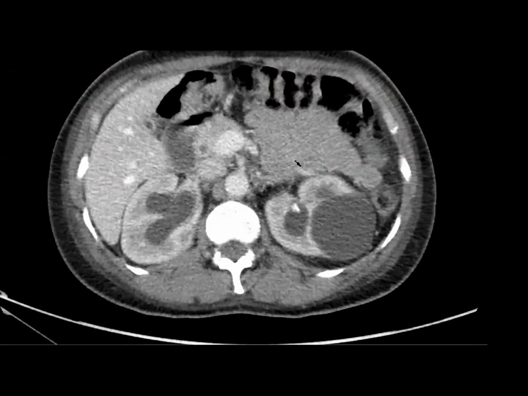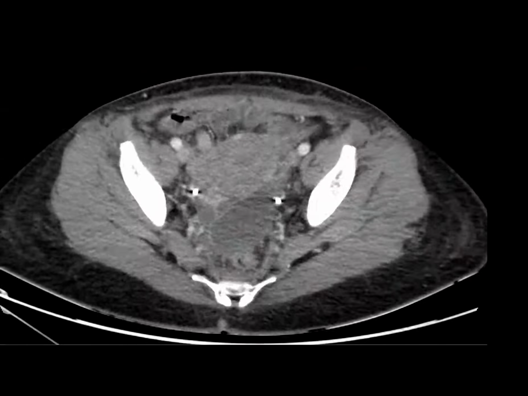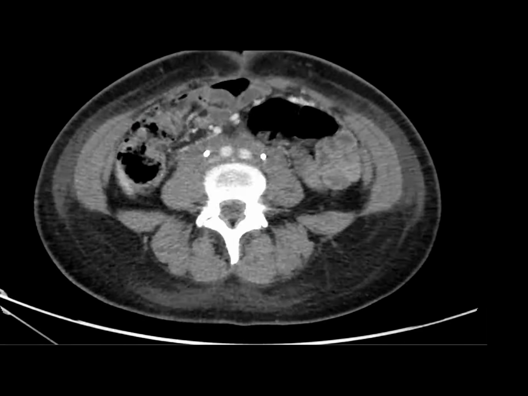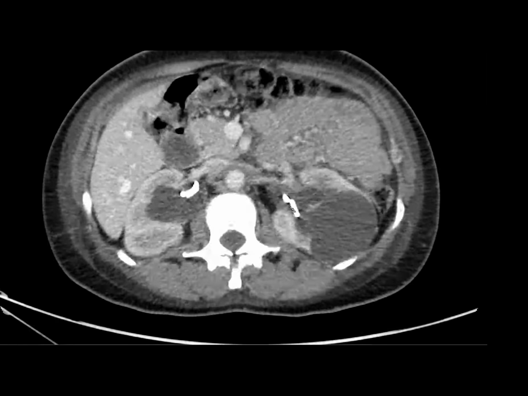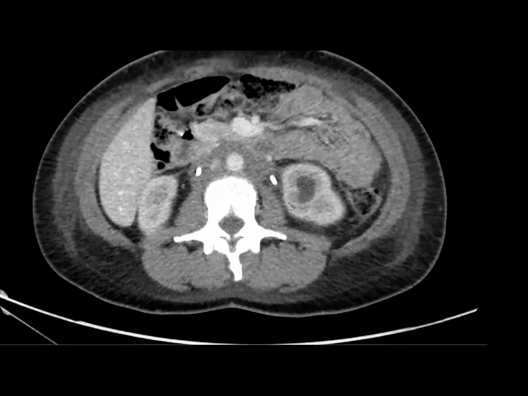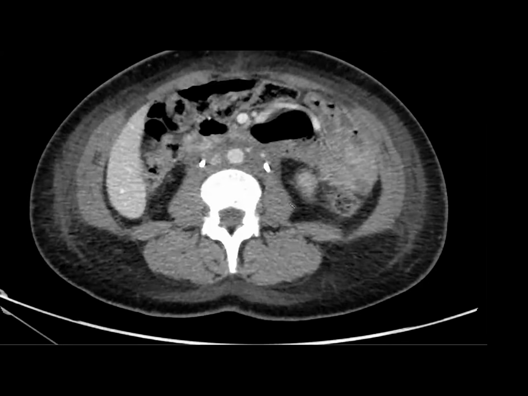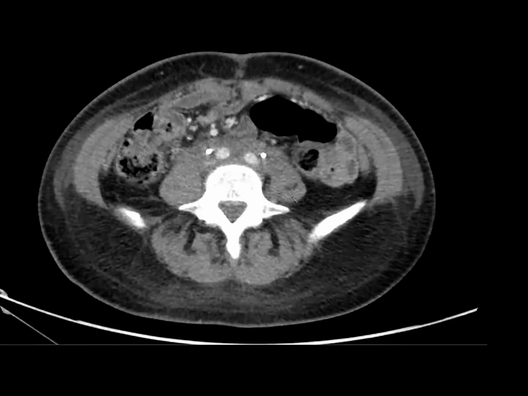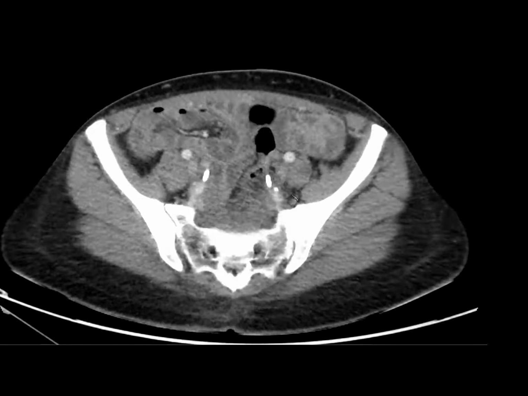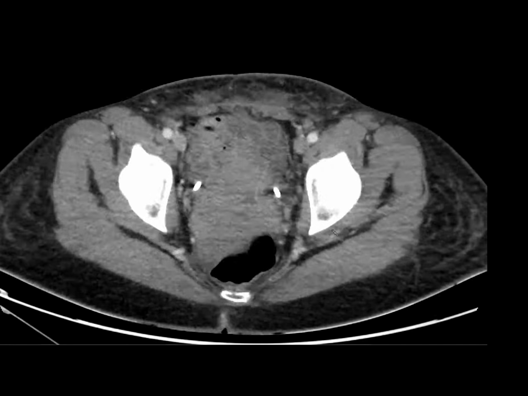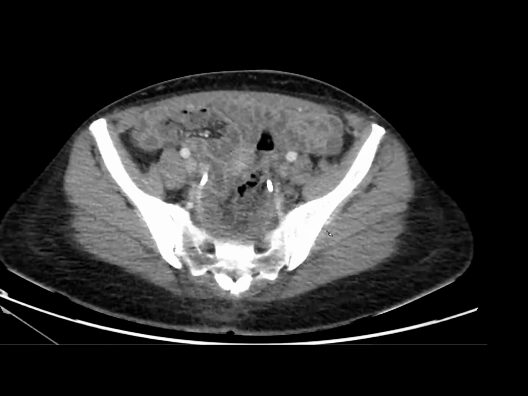Okay, this is the next case. What do you guys think about the retroperitoneum here? Fibrosis? You just call it fibrosis, like retroperitoneal fibrosis? You might include lymphoma in the differential though.